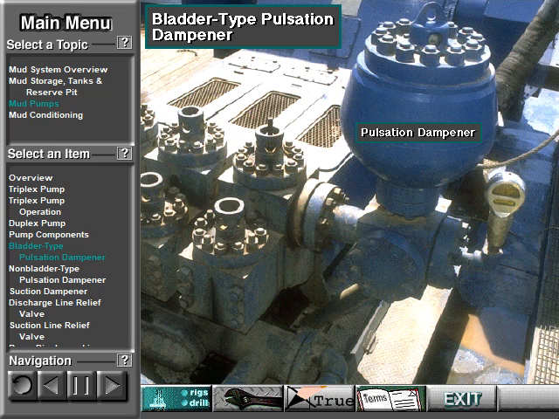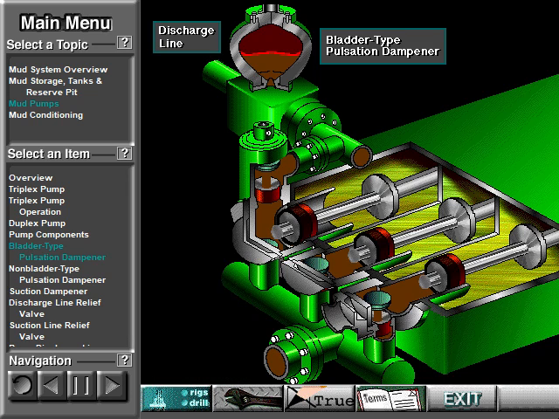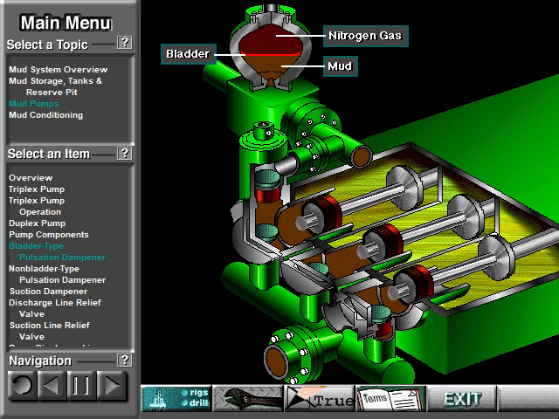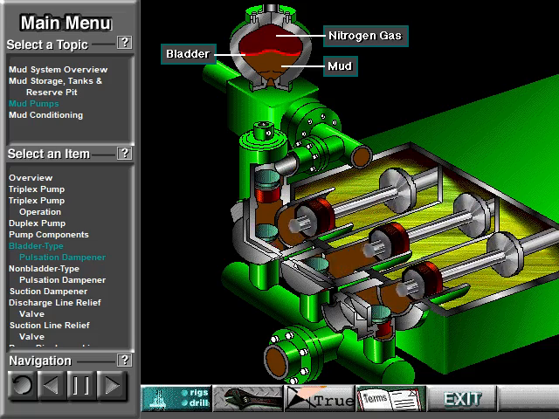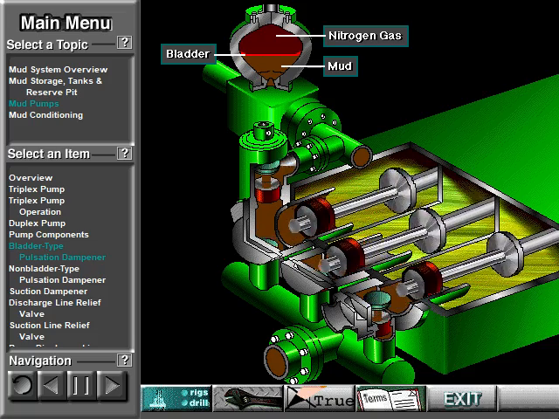A pulsation dampener connected to the mud discharge line smooths out surges created by the pistons as they discharge mud. This is a standard bladder-type dampener. The bladder in the dampener body separates pressurized nitrogen gas above from mud below.